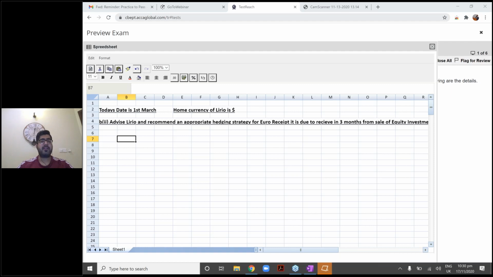Now you need to advise, review, and recommend an appropriate hedging strategy for the opportunity. How many strategies is the company considering? 3. The first strategy is forward exchange contracts.